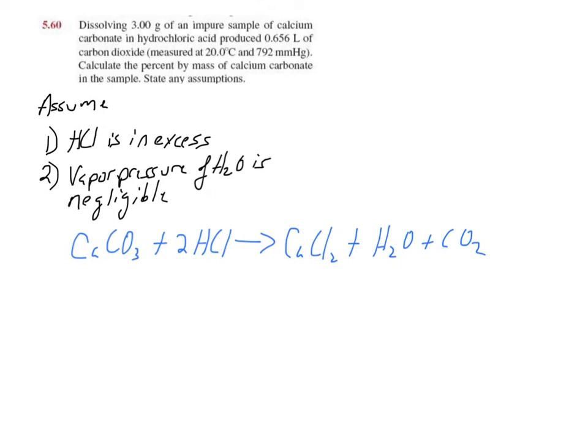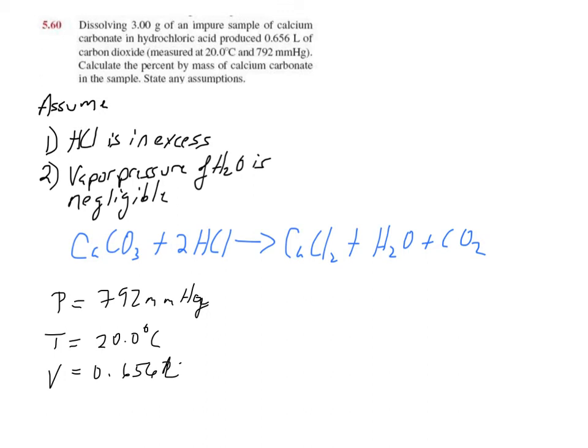So the first thing we need to do is determine how many moles of carbon dioxide we have. So we've got a pressure that was 792 millimeters of mercury. We have a temperature measured at 20.0 degrees C, and we had a volume equaling 0.656 liters.